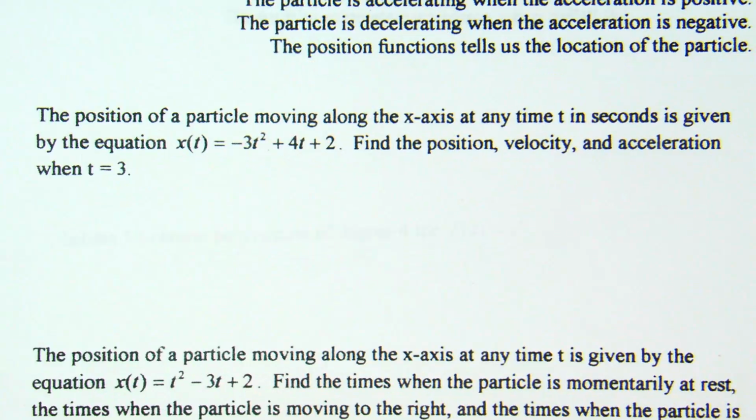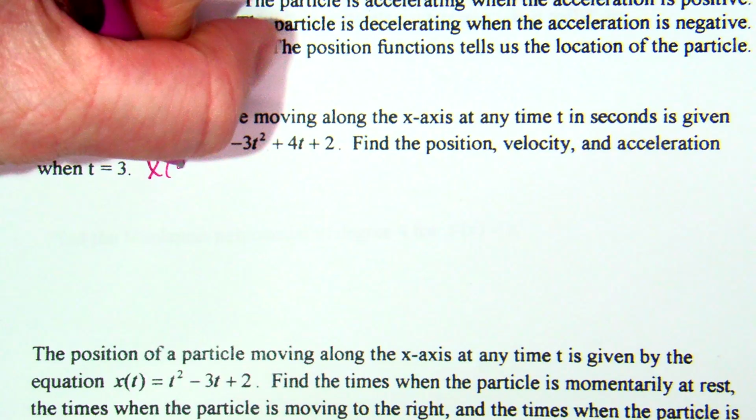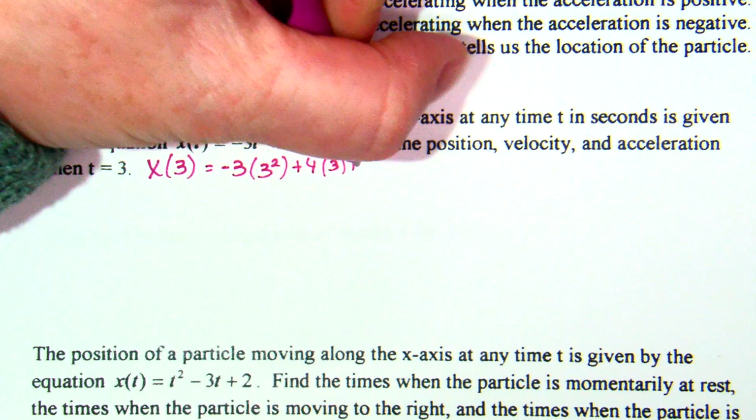Okay, so we're going to do our derivative work, and since we're finding each of these things at 3, we're going to plug the 3 into each of those respective equations. If we start with position, that means we're doing x of 3: negative 3 times 3 squared plus 4 times 3 plus 2.